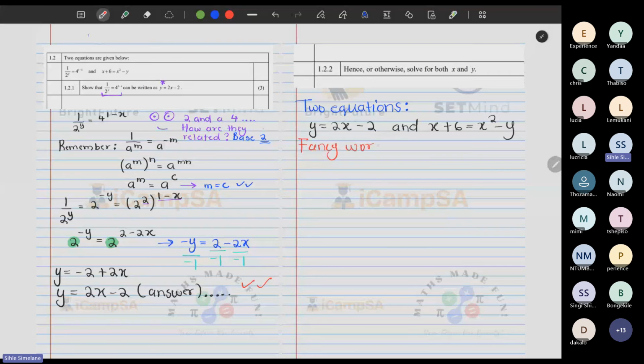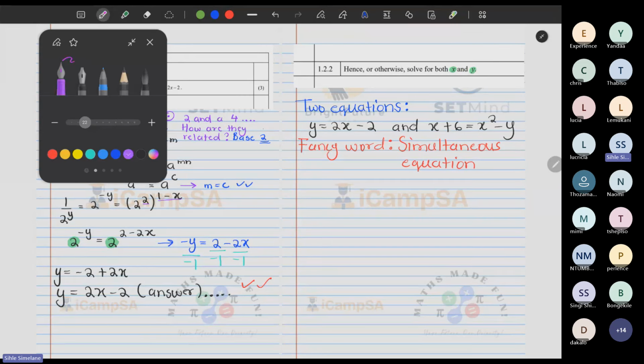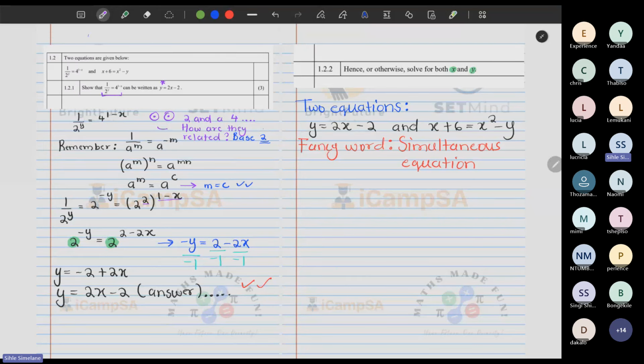So when you see a term in the exam, you shouldn't be feeling otherwise. All they are asking you is to solve for x and solve for y. So there's 2 ways we use simultaneous equations. You take one equation, you substitute it on the other one.